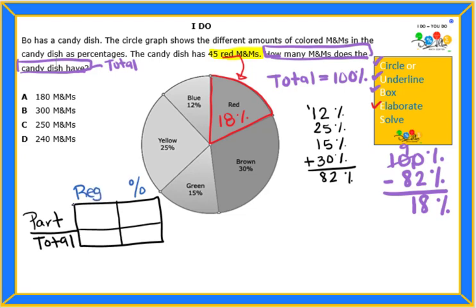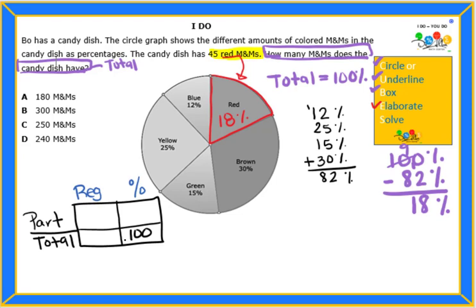Okay, so one thing that I always know, or I can be sure of, is the total percent for any circle graph is 100. So we know that the total percent is 100. And the part that we are interested in here in the question, how many M&Ms does the candy dish have? That's the total.